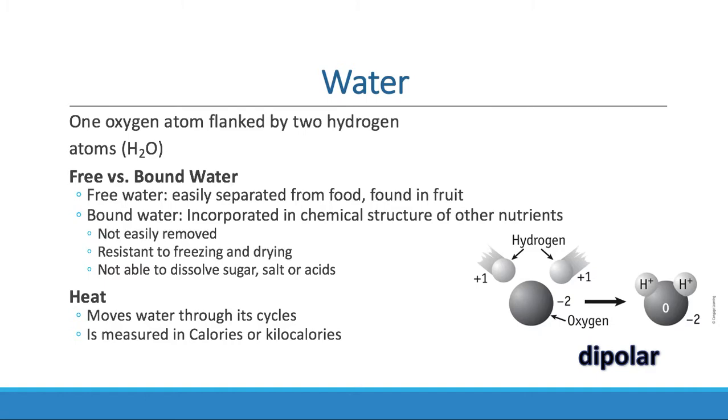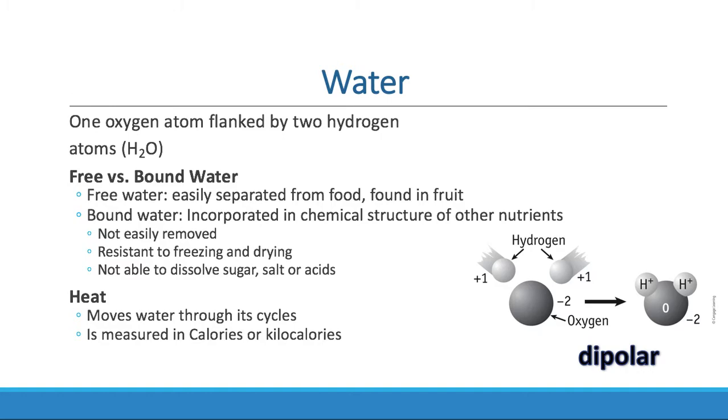So the hydrogen of one water molecule is able to bind with oxygen of another water molecule. These bonds are known as hydrogen bonds. So it forms a hydrogen bond between water molecules with oxygen of one bonded to the hydrogen of another. So these bonds are weak and they're able to be formed and reformed, but energy is required to break them.